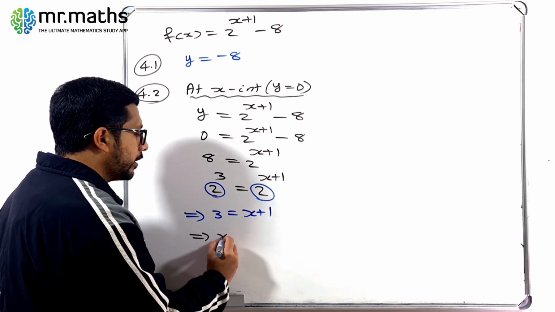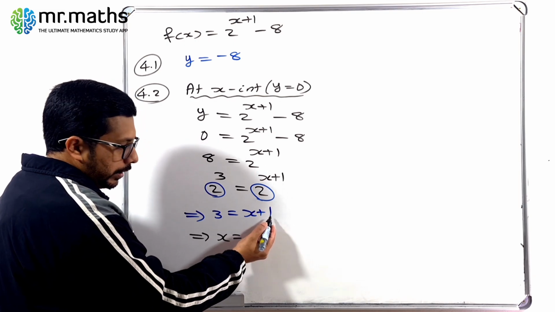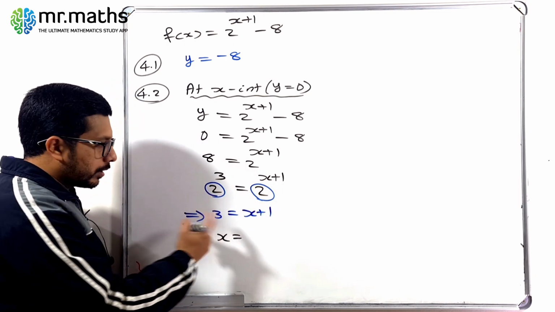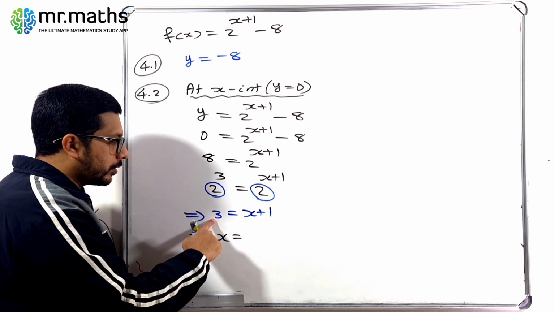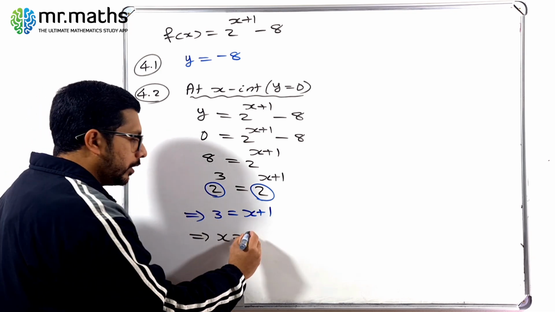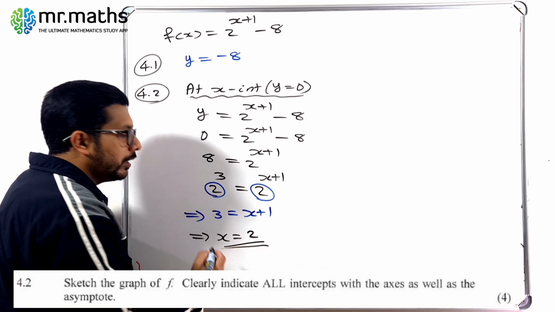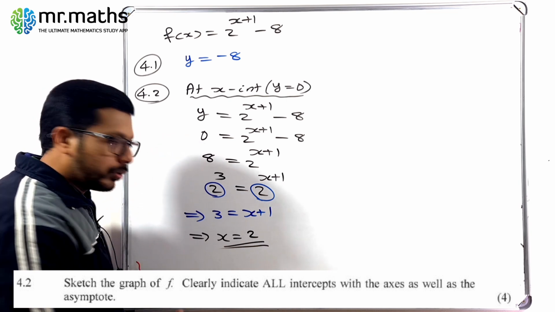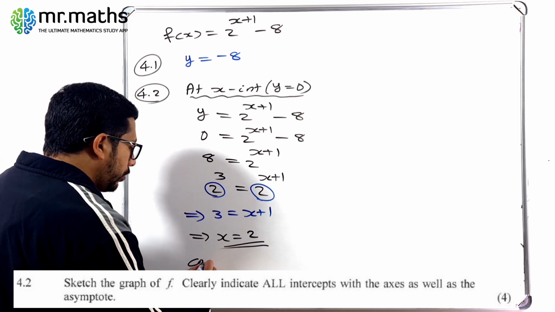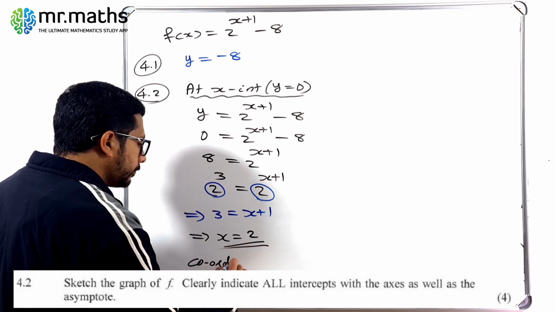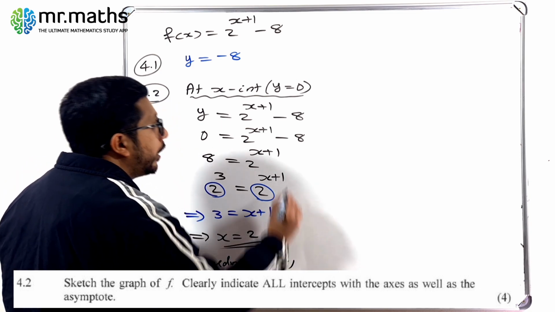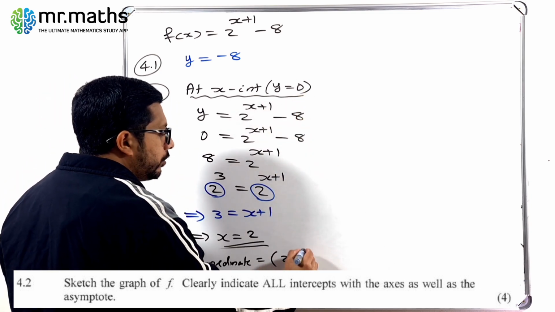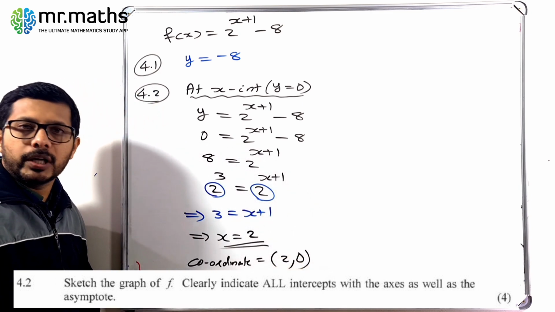Take this 1 to the other side, so it is negative 1. What is 3 minus 1? 3 minus 1 is 2. So the value of x is 2. So what is the coordinate now? The x value is 2 and the y value is 0. We are trying to find the x-intercept, so the y value is 0.